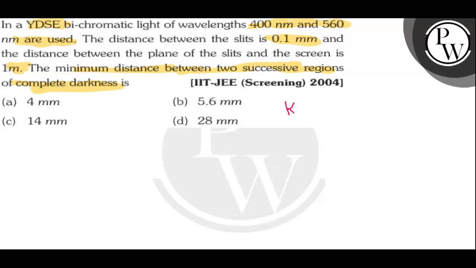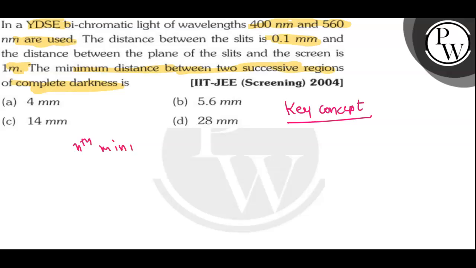The key concept of this question is how we can find the maxima or minima of the compound light.